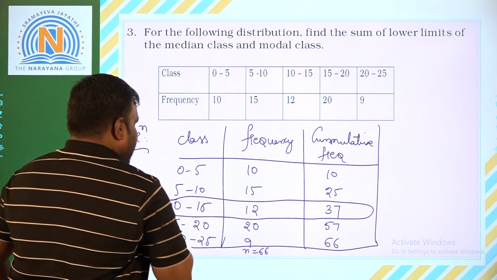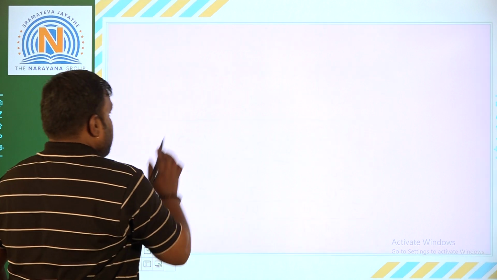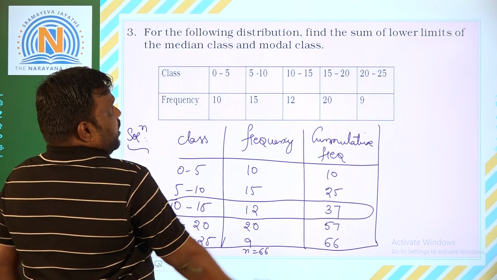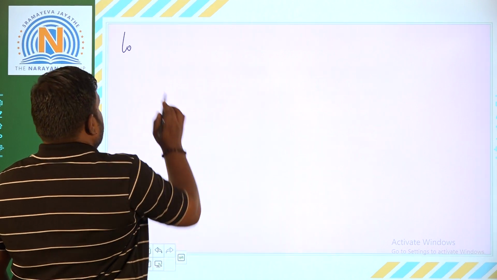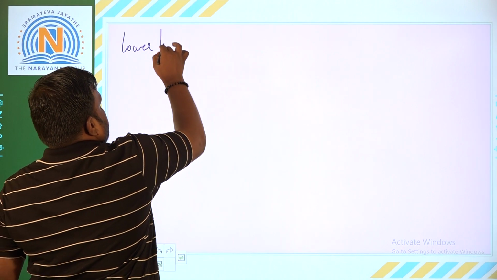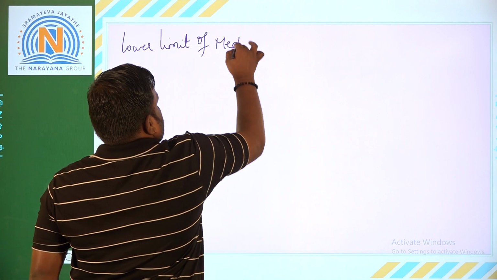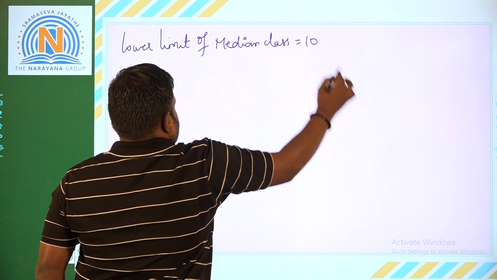When this is our median class, the lower limit of the median class is 10. If you check the question correctly, we have to find the lower limits of the median class and modal class. So the lower limit of the median class is 10.